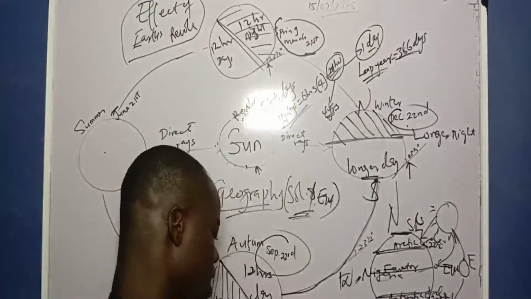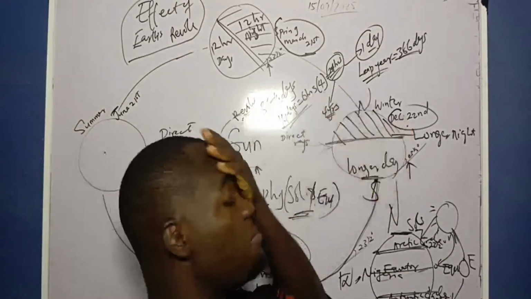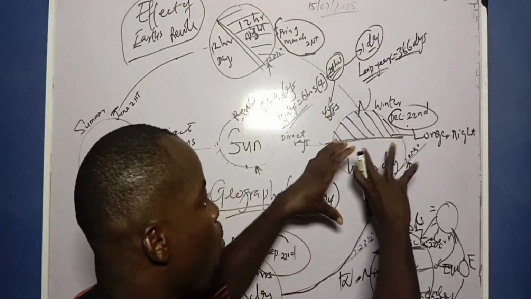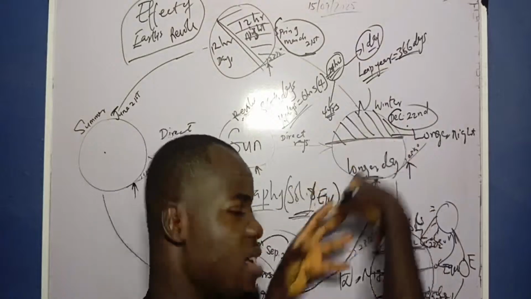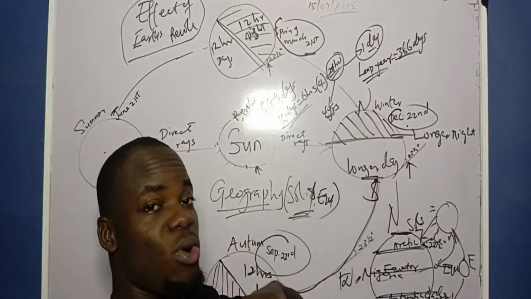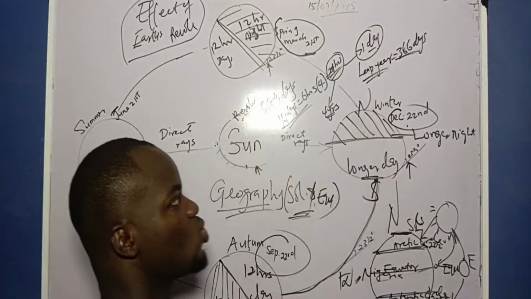So this region will have, on 22nd December, more light on the southern hemisphere, whereas on the 22nd December, this side will be what? Darkness.